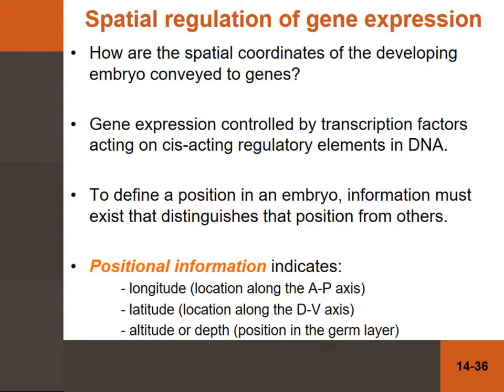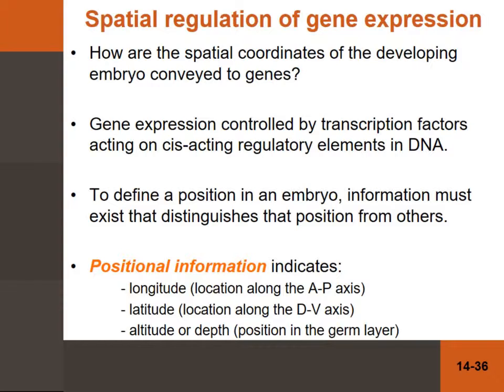So how do the genes know when and where to turn on and off in these precise patterns? How does each cell know where it is in space with regard to its position in the embryo? In other words, how are the spatial coordinates of the developing embryo conveyed to the genes?